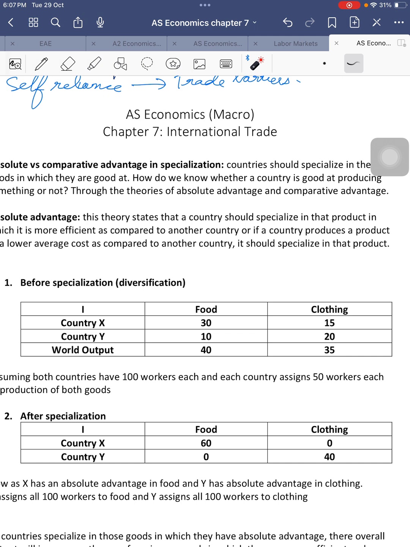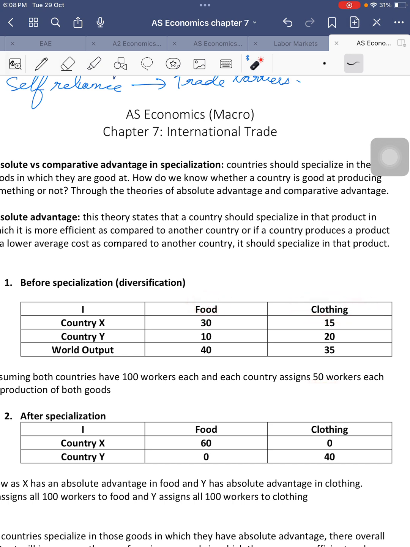For now, we are assuming country X and country Y are dividing their resources equally in the production of food and clothing. So if they have 100 workers each, they'll assign 50 workers to the production of food and 50 workers to the production of clothing each, right?